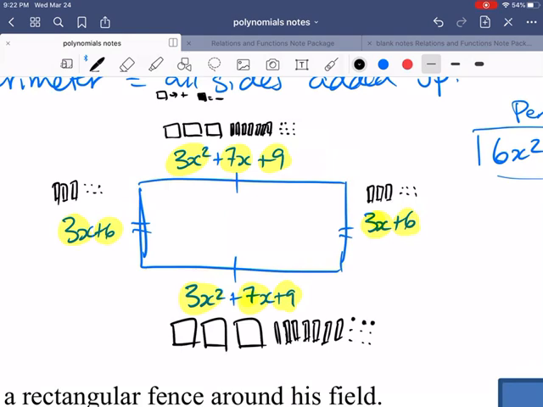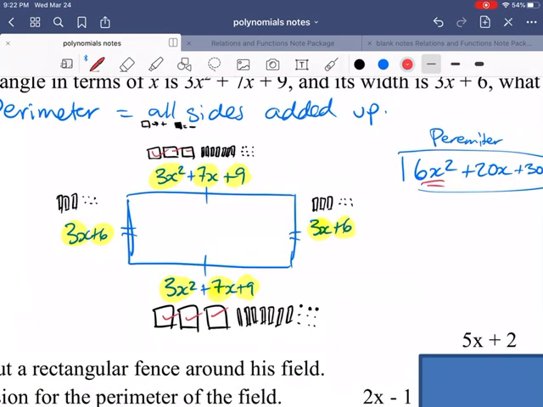Now if we just count up what we have, we have 1, 2, 3, 4, 5, 6, 6x squared. And we have 1, 2, 3, 4, 5, 6, 7, 8, 9, 10, 11, 12, 13, 14, 15, 16, 17, 18, 19, 20. Well, look, there's just 20 x's. And then if you count up all the single digits, that's your 30.